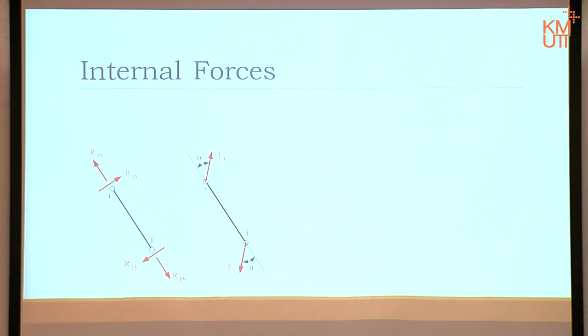Now, this is one thing that is in the first half reading. This is called a two-force member. This picture cannot be in equilibrium unless Fi is equal to Fj, and they must be on the same line.